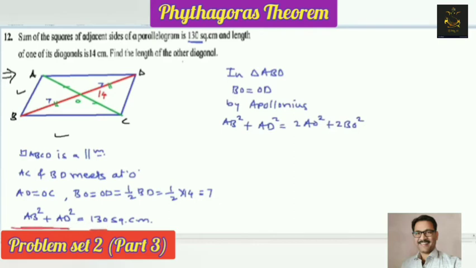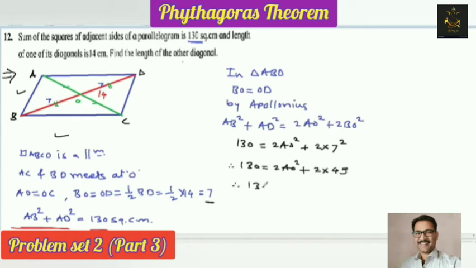We can put here now this value, that is 130 is equal to twice AO square, which we don't know, keep this as it is, plus twice BO square. BO we just got, that is 7, so keep 7 square here. Okay, 130 is equal to twice AO square plus 2 into 49.